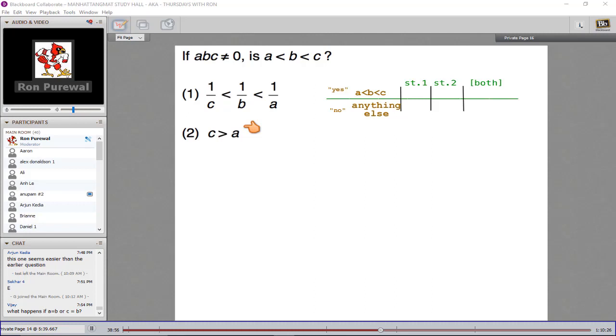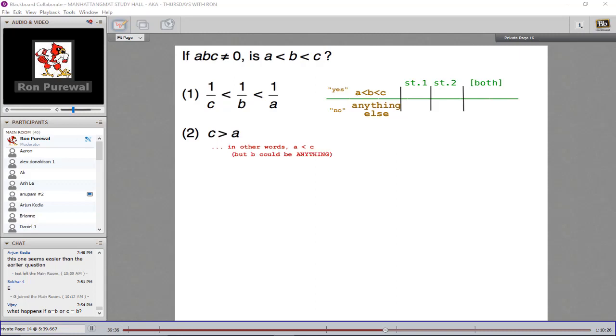Okay. So VJ, you might use that case to check off one of these boxes. Statement 2 is basically just A is less than C. We probably don't need to test actual cases in order to show this, but if you need to, then do it. We know that A is less than C, but B could be anything at all.